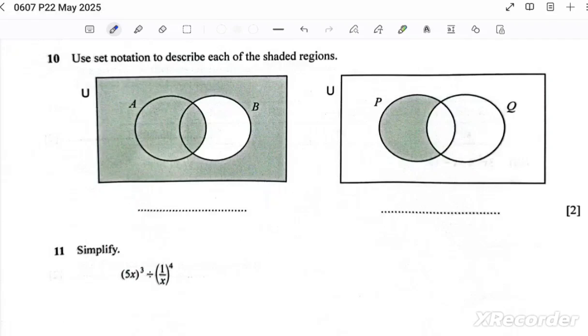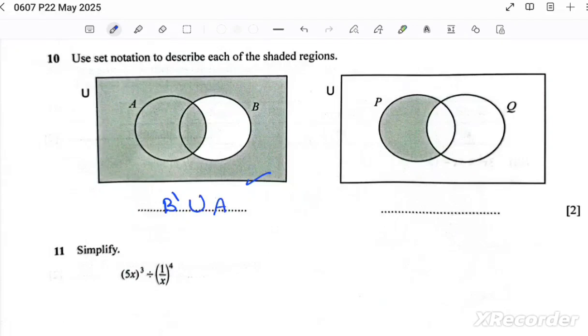In this question you have the universal set, and inside we have A and B, and now we need to describe the shaded region. Everything shaded is out of B, so it means not B, or B complement. But we added something to that, which is A. So this is B complement union A.